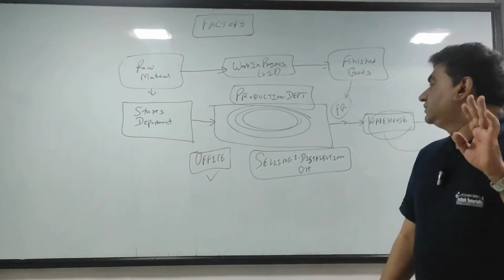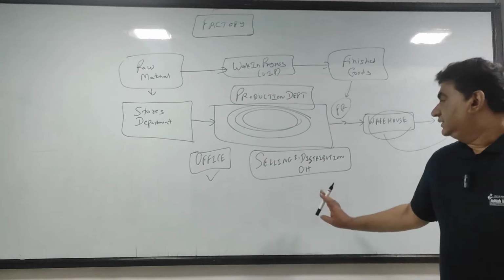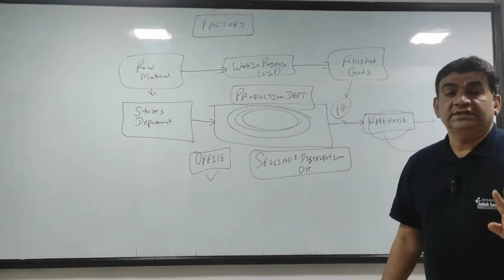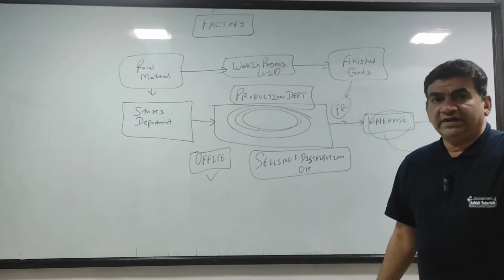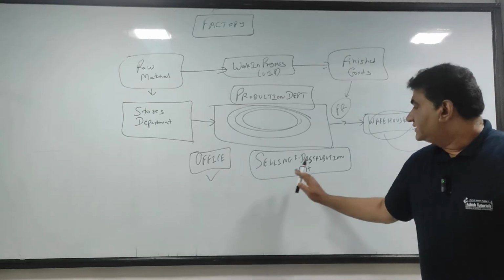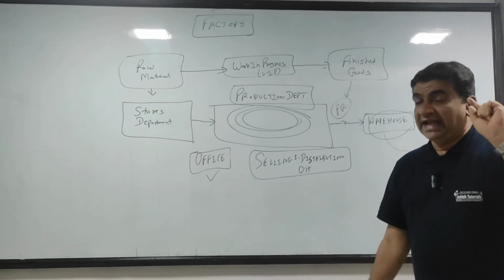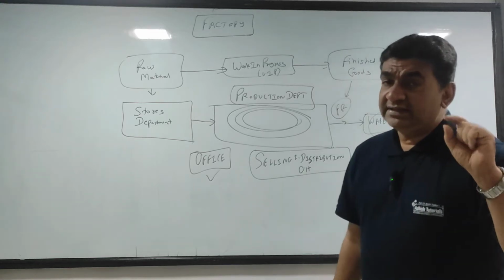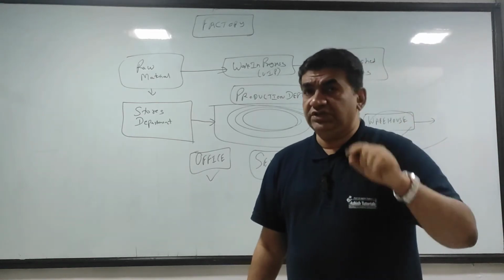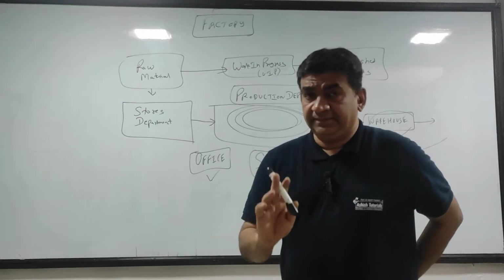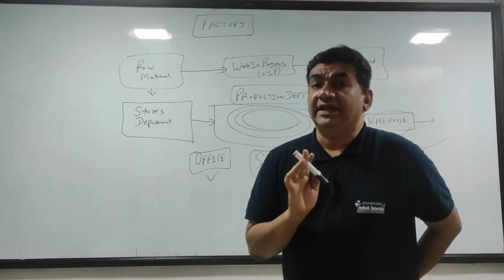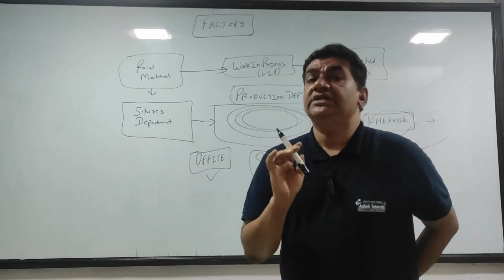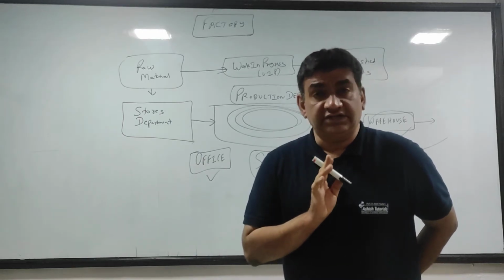Got it? So that is the meaning of this. So these are the overheads. You all know overheads: factory, office, selling and distribution. And keep this in mind, I discussed while doing the cost sheet also, wages is not a part of overheads.